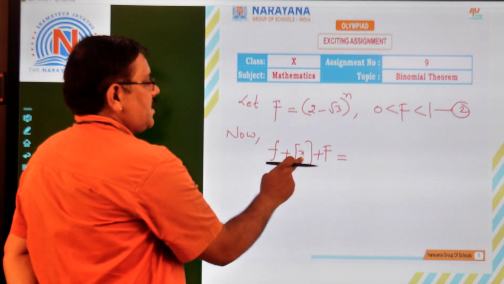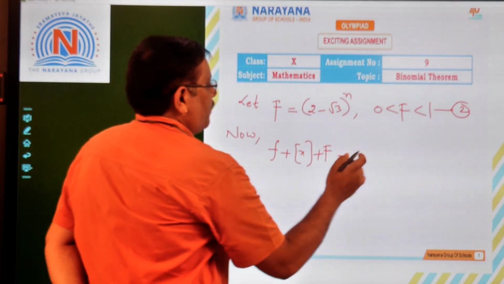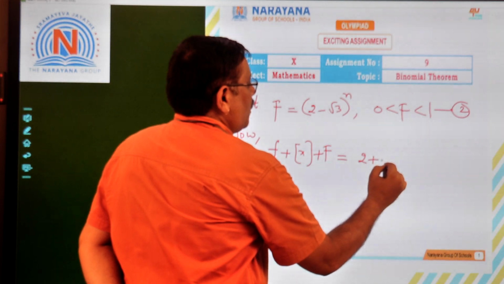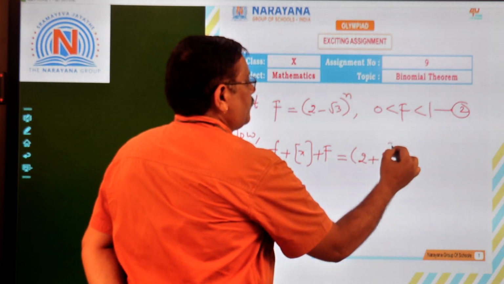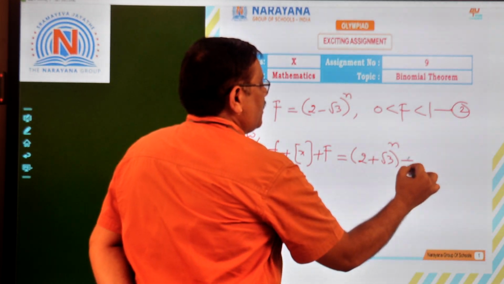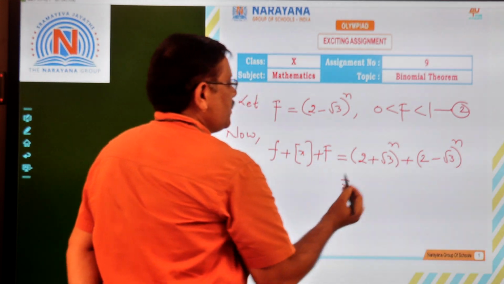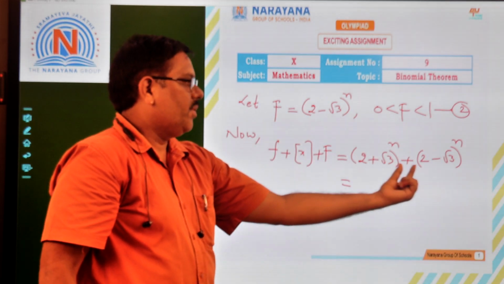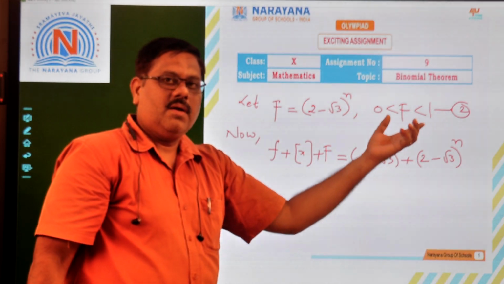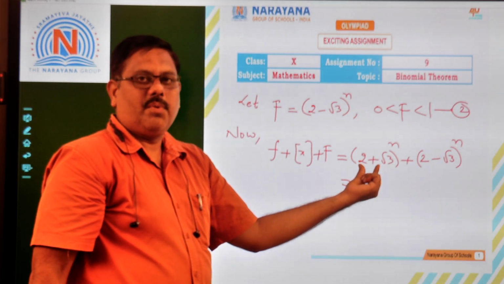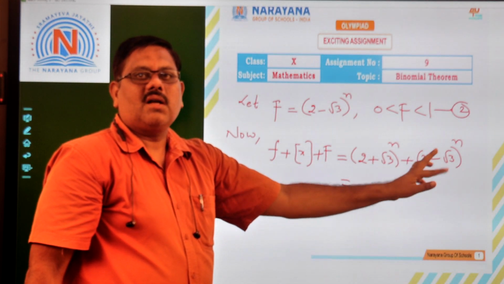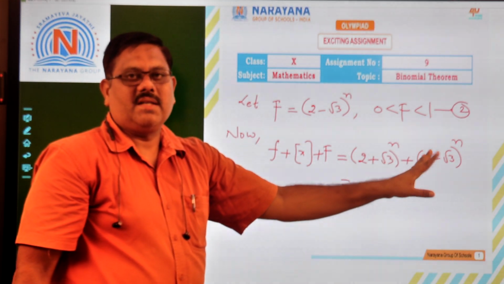Now f plus [x] plus F: f plus [x] is nothing but (2 + √3)^n, and capital F is nothing but (2 − √3)^n. So it's in the form of (x + y)^n + (x − y)^n. Here all the terms will have positive sign, whereas here alternate terms will have plus and minus.